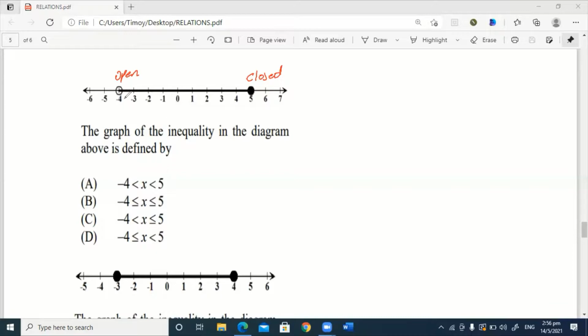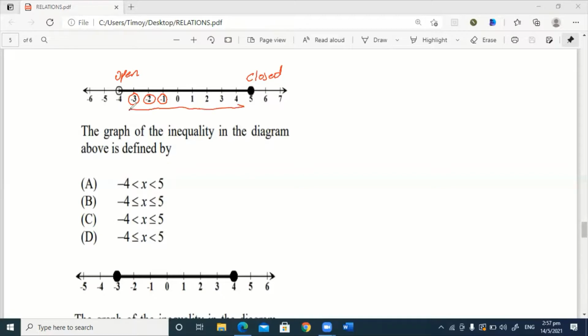When you look at it here, you can see when you compare everything to -4, -3 here is greater than -4. -2 is greater than -4. And -1 is greater than -4. All the numbers going this direction.